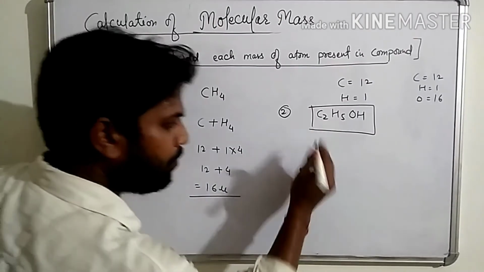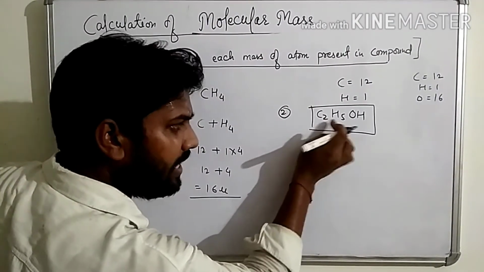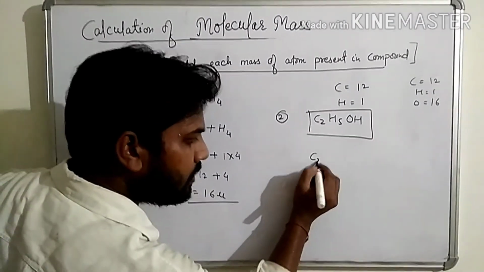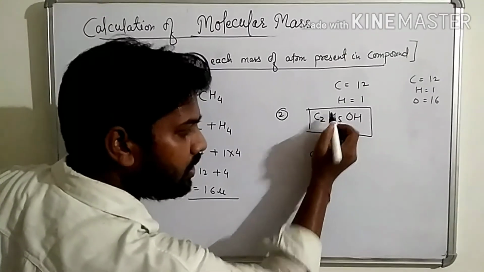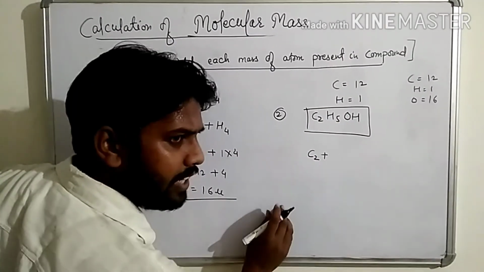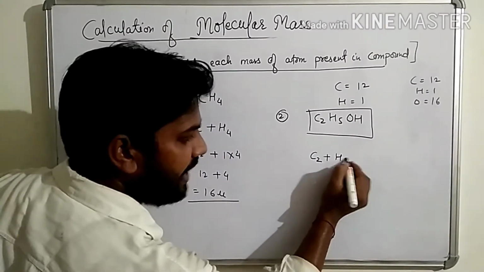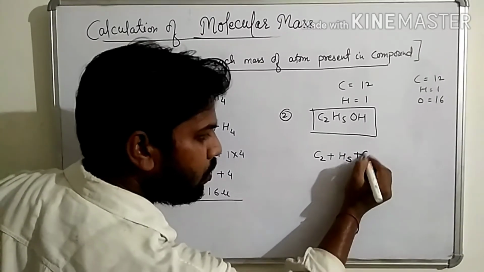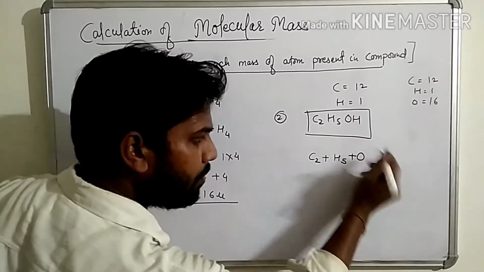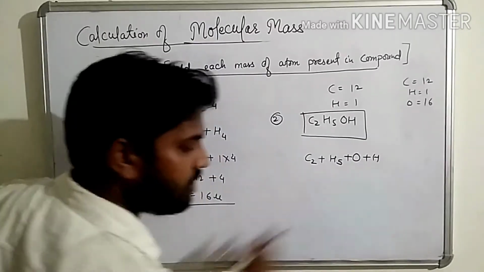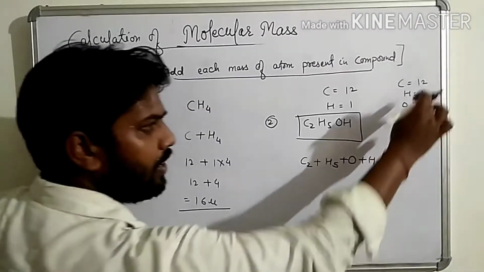Clear? Now, first we have to separate each atom. C2, then there is hydrogen, so there will be a plus sign. H5 plus, again plus O, again plus H. Clear, children?